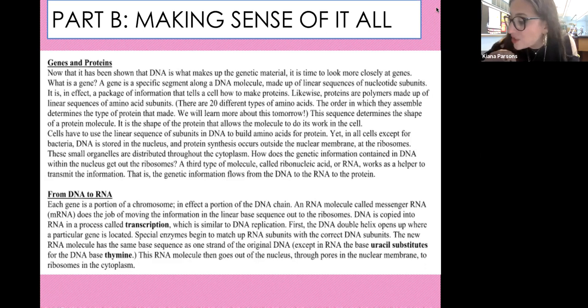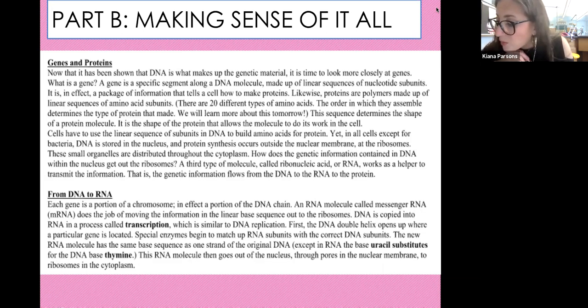So, what is a gene? A gene is a specific segment along a DNA molecule made up of linear sequences of nucleotide subunits. It is a package of information that tells a cell how to make proteins. What determines the shape of a protein molecule?